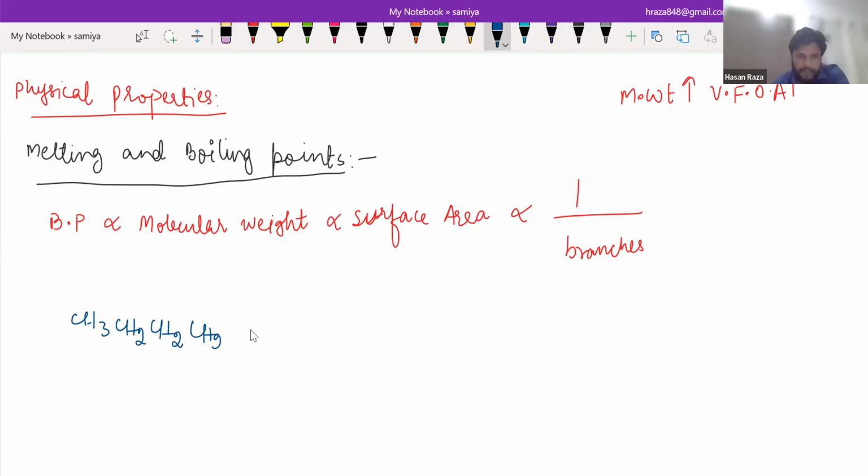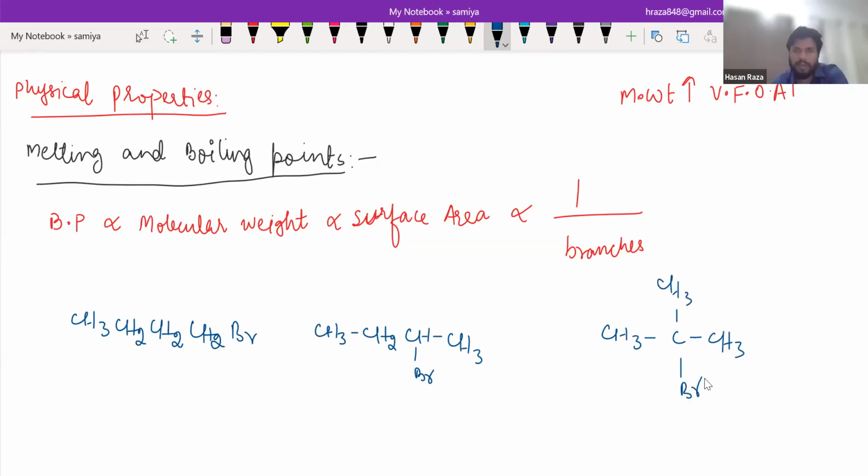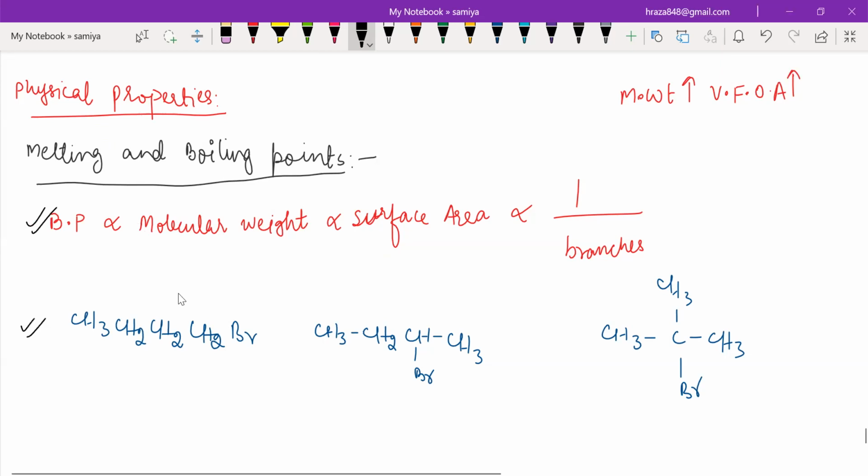Then I am going to write this CH3CH2CHBrCH3. Now CH3C(CH3)2Br, and again CH3Br. Can anyone tell me which one will have the highest boiling point and which one will have the lowest boiling point? It's very easy. After understanding this concept, you can easily go for this question. Please answer me.